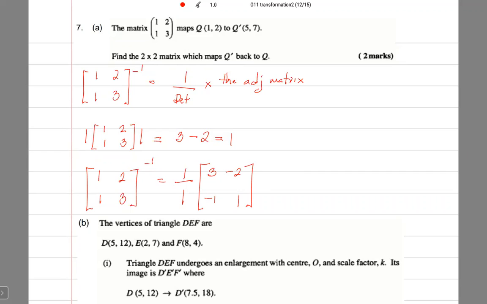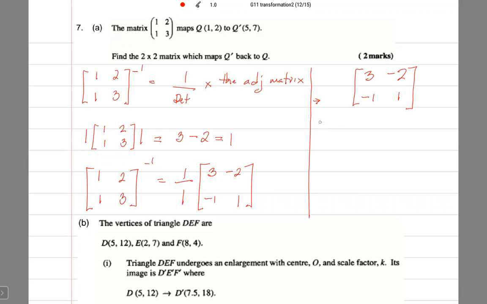So the inverse matrix is [3, -2; -1, 1].